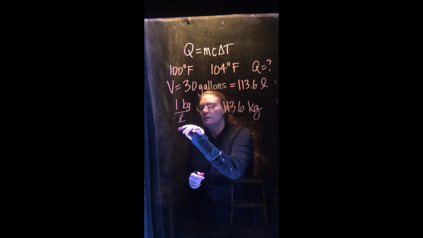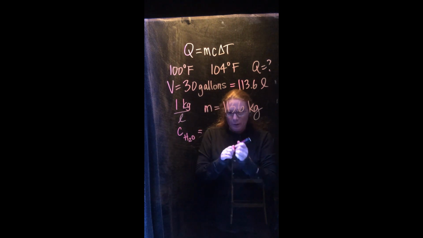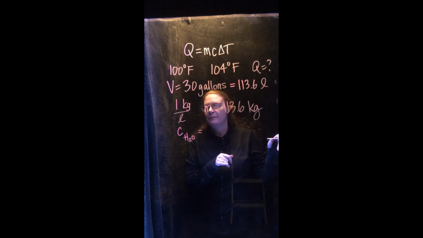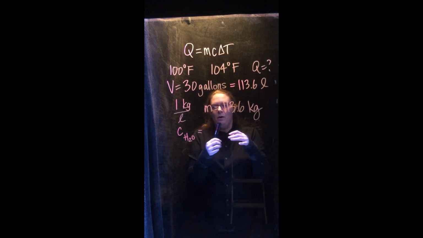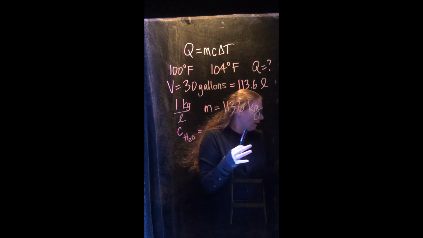Now C, the specific heat of water. I want you to stop right now and go look up, just Google, specific heat of water. See what you get. Give it a try. What you see is all sorts of different numbers, all sorts of different units.